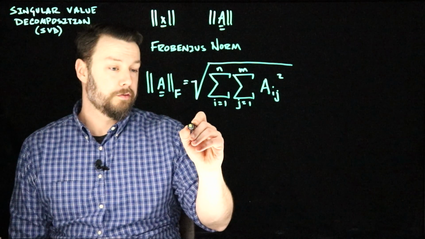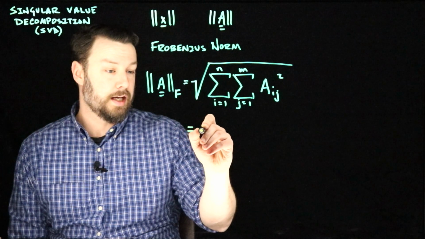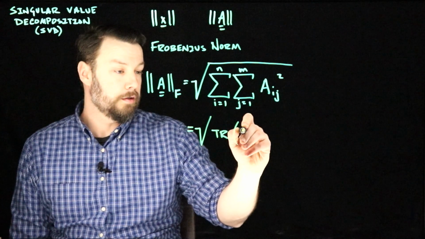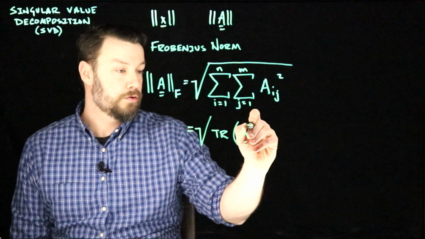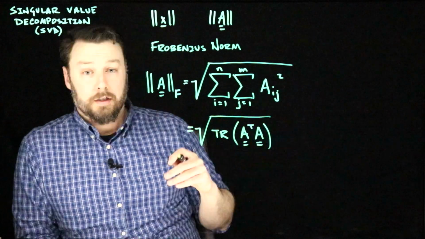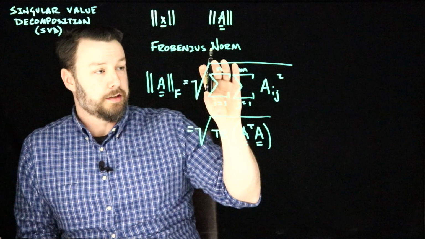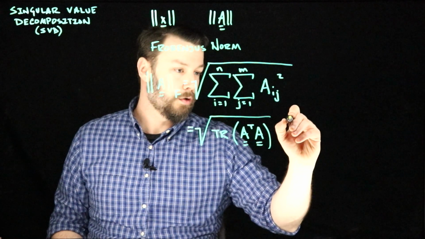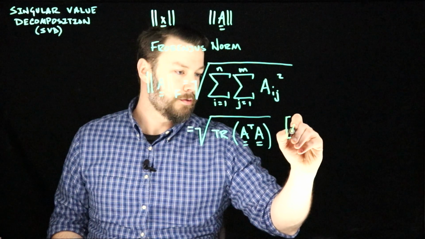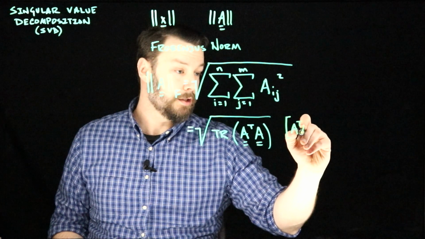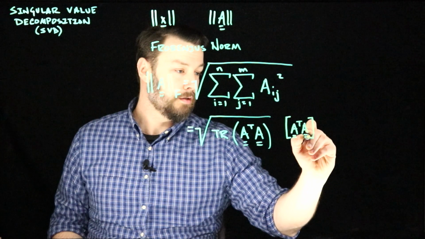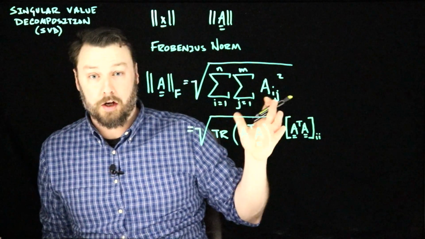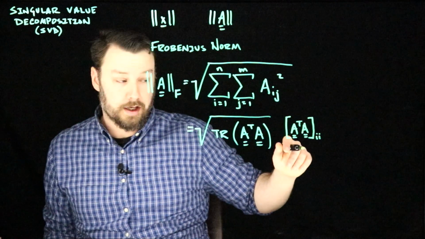In particular, one of the ways that we like to write it is as the square root of the trace of A transpose A. It can be useful to think about how we might get from here to here, like how these things relate. And so I think it's worth looking at the entries along the diagonal of A transpose A. So let's imagine that we're looking at the ith entry. So this is just saying row and column equal to i, so the entries along the diagonal.